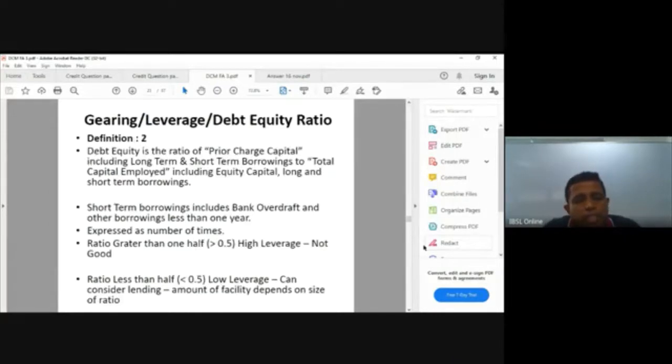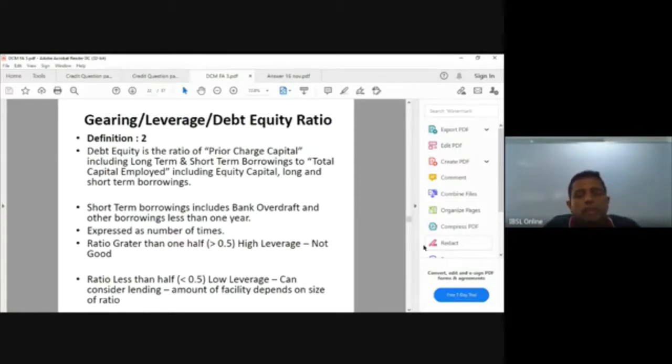But in this second definition, after taking that long-term debt capital, we add short-term debt capital also. Short-term borrowings, not the creditors, right? And we add back the equity capital also and take the total capital. As a proportion of the total capital, what is the total debt capital, right?